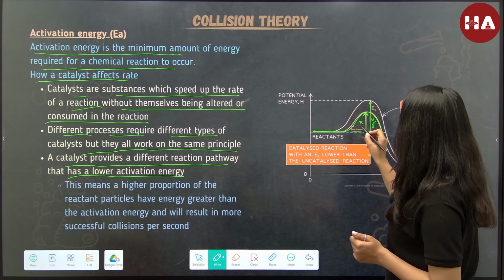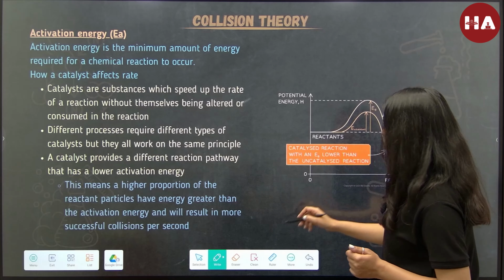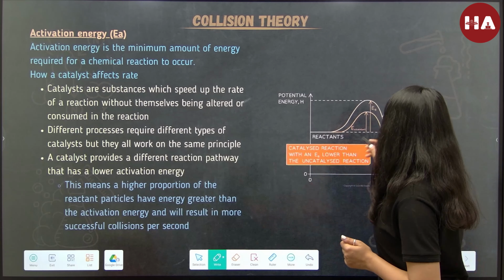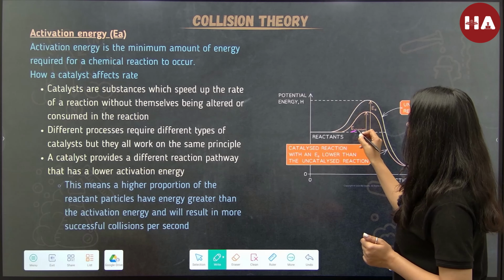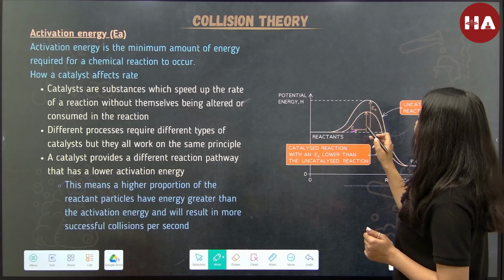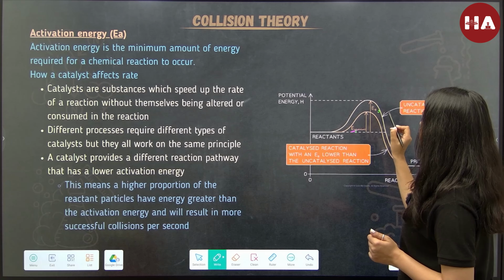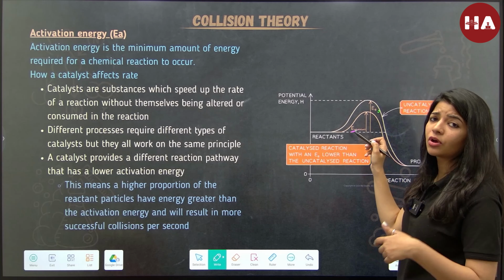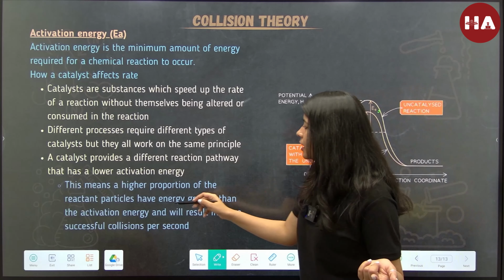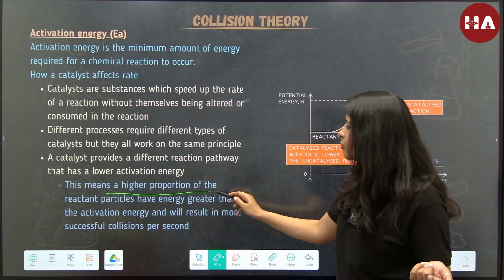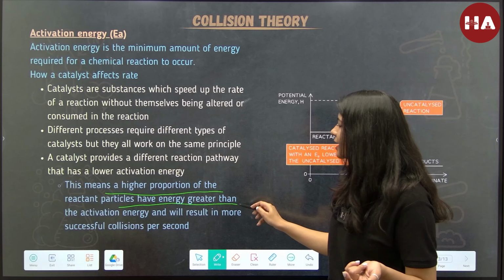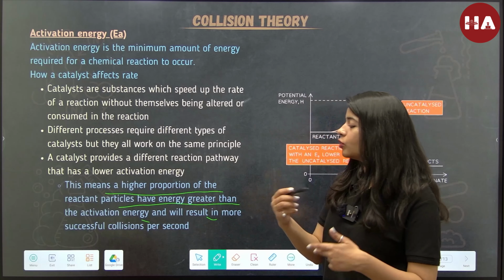See, this activation energy, let's erase this. Okay, so this EA1, which is of catalyst, when we use a catalyst, and this is EA2, let's suppose. So this EA1 is shorter, right? So after adding a catalyst, what happens? This means a higher proportion of the reactant particles have energy greater than the activation energy and will result in more successful collisions.